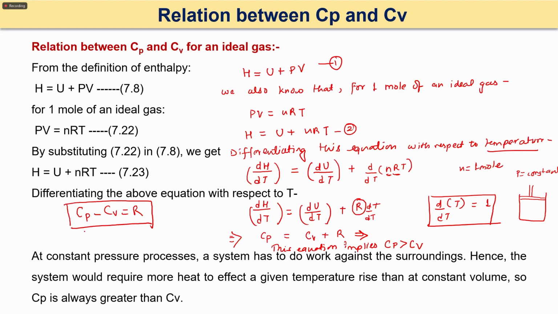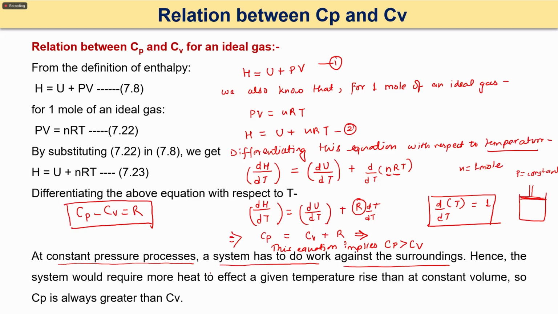Here it is written that at constant pressure, a system has to do work against the surroundings. Your surrounding is applying pressure, and this pressure is constant. So now your system will have to work against the surrounding, and in order to do that work, more heat will be required. If more heat is required to raise the temperature, then Cp will be greater than Cv.